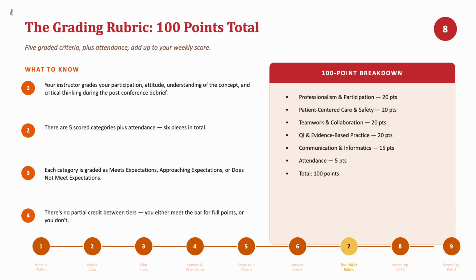Communication and informatics is worth 15 points. Attendance is worth 5 points. That's a full 100 points, and each category is graded as either meets, approaching, or does not meet expectations. There's no partial credit in between, so the next 2 slides show you exactly what meets expectation looks like.